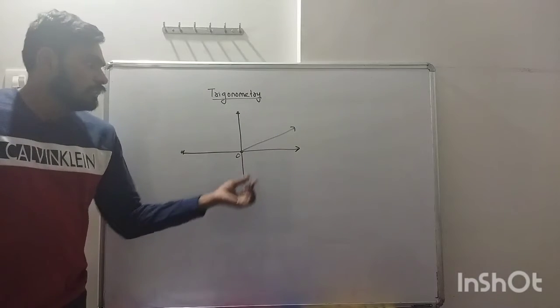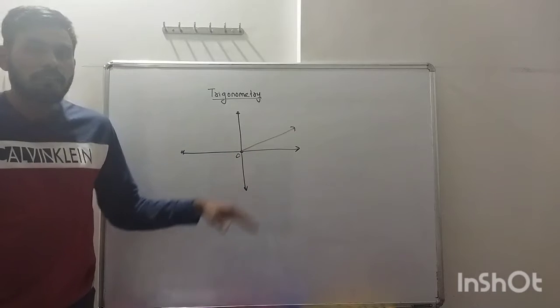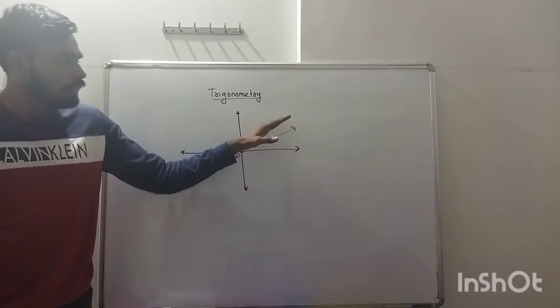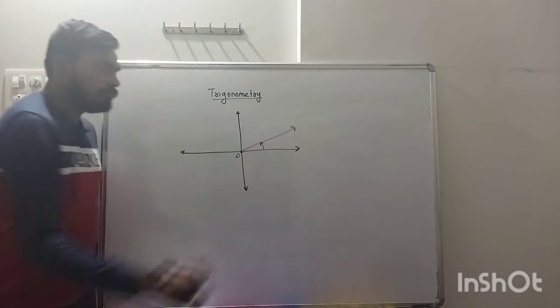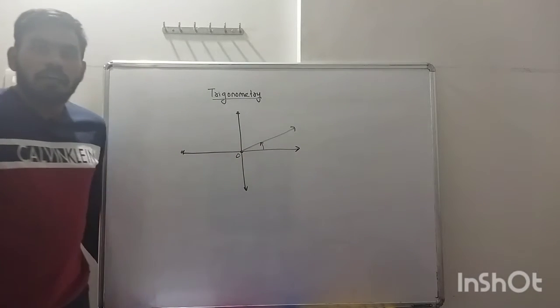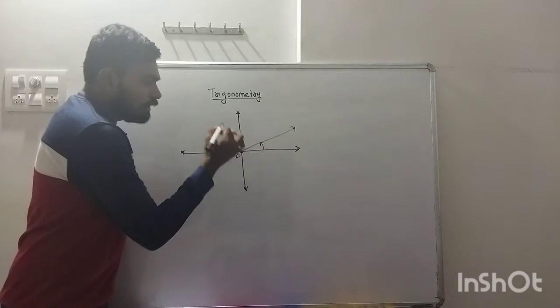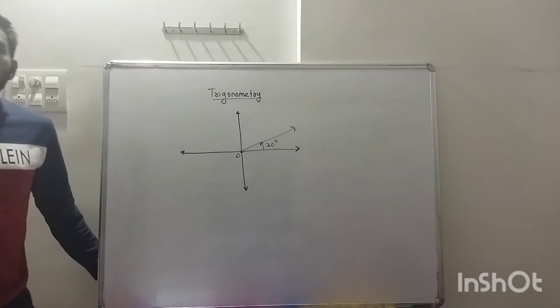Now here I have rotated it from here to here. Whenever we rotate it from here to here, it becomes positive. So I show rotation like this, and this is positive. Imagine this angle is 30 degrees, so this is plus 30 degrees. Understood?